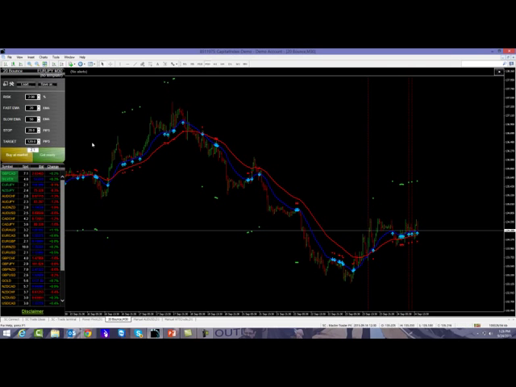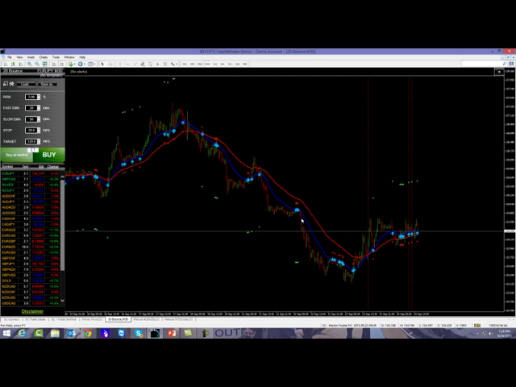Okay, this has now changed because I didn't click enter. This is now even more. So yeah, 6-to-1 there. Entry, stop loss, and target. That's a 6-to-1 reward to risk. Okay.